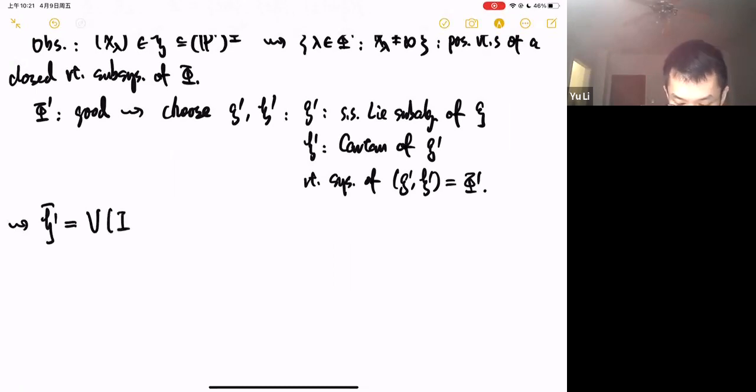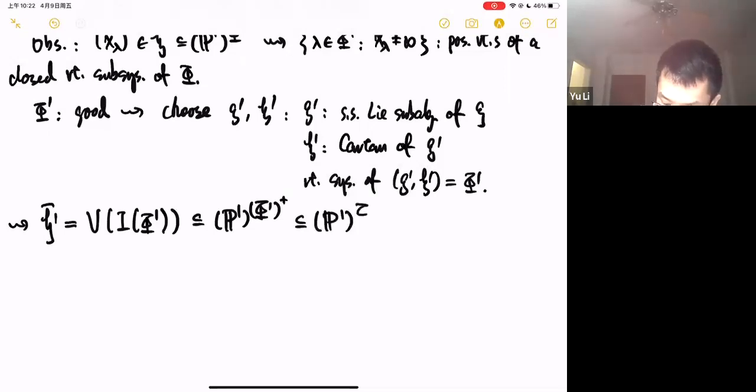It is a vanishing locus of some ideal I of P prime, which sits inside P1 to the phi prime plus. But then I can make this sit inside P1 to the phi plus. If some lambda is in phi but not in phi prime, I just put it to be infinity. So this way I can think of H prime bar as a closed subvariety of P1 to the phi plus.